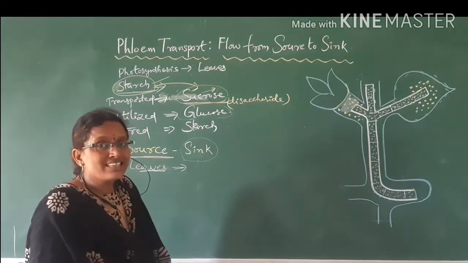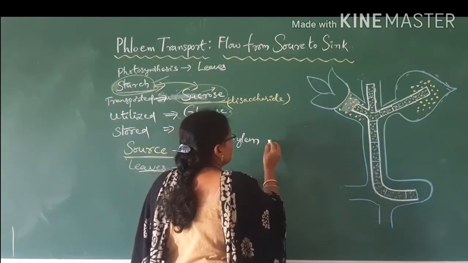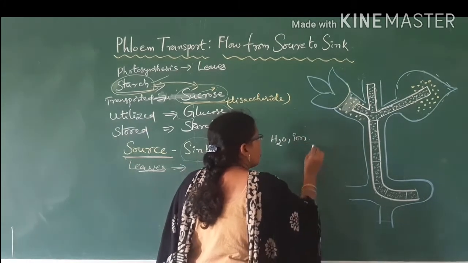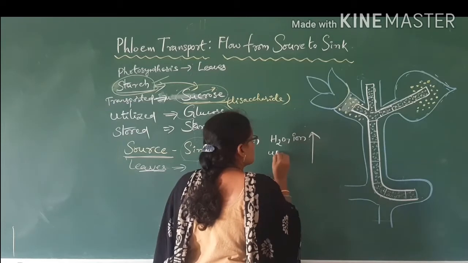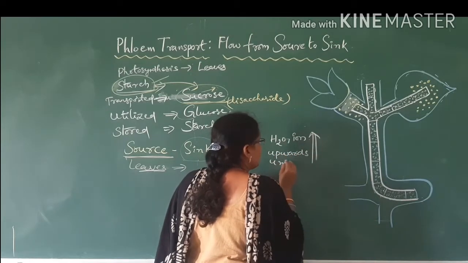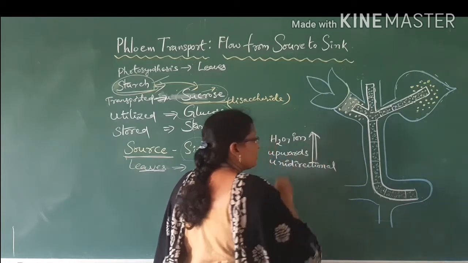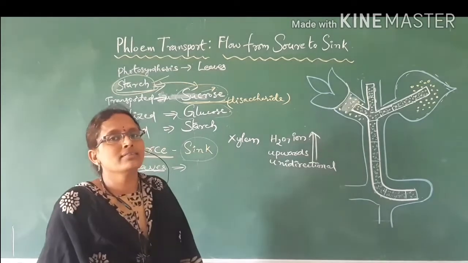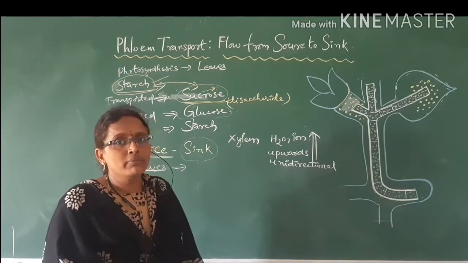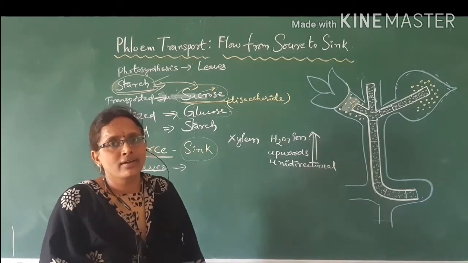So in xylem, if we observe, the transportation of water and ions is only upwards, that is unidirectional. But the phloem transports the food materials to all the parts of the plant where they are required.